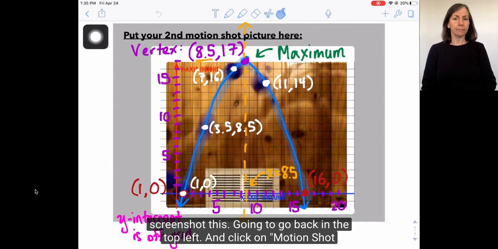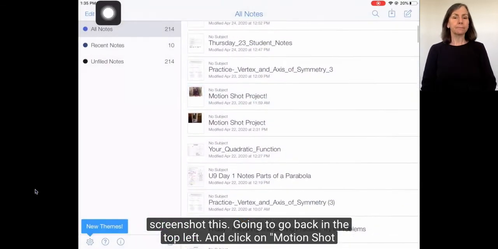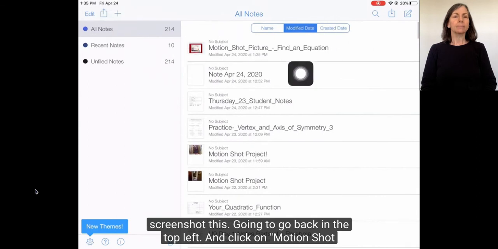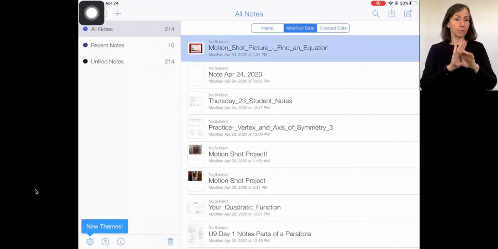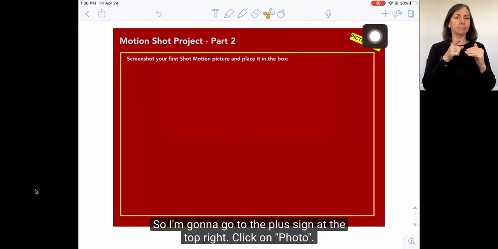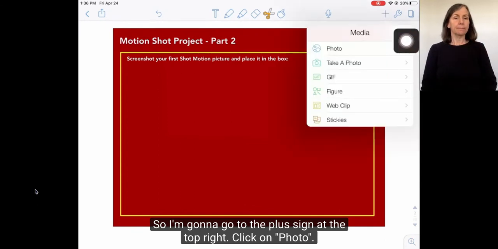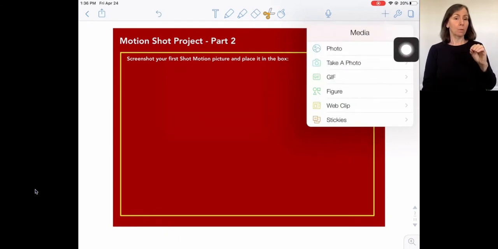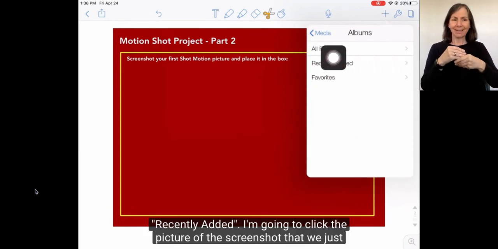Going to go back in the top left and click on motion shot picture, find an equation. So I'm going to go to the plus sign at the top right, click on photo, recently added.